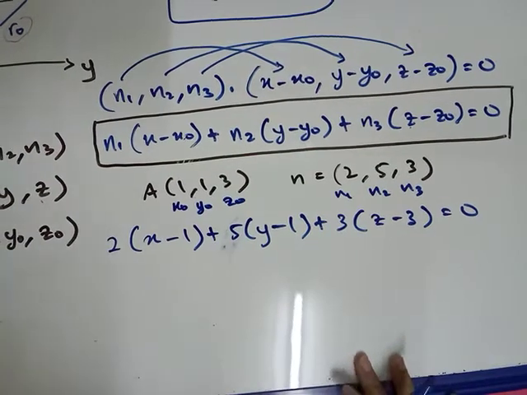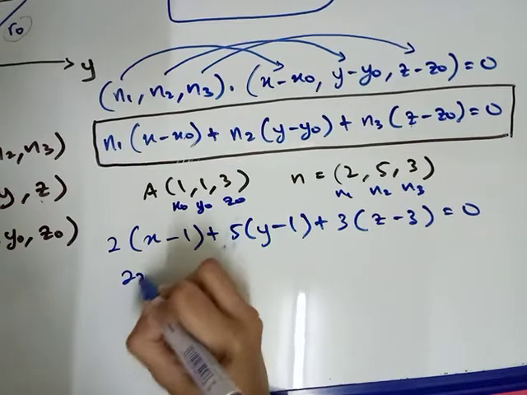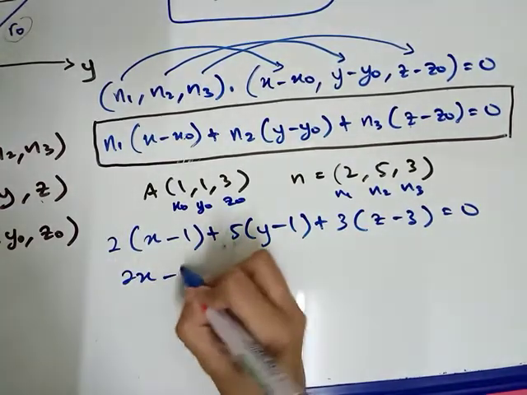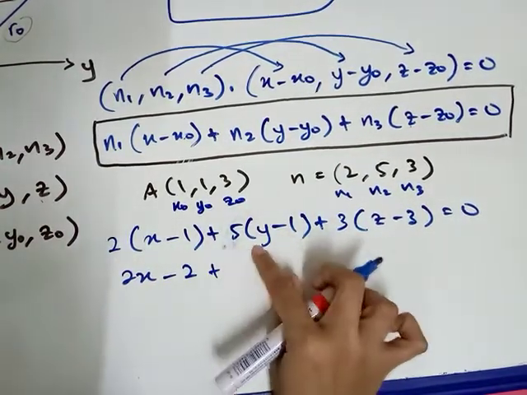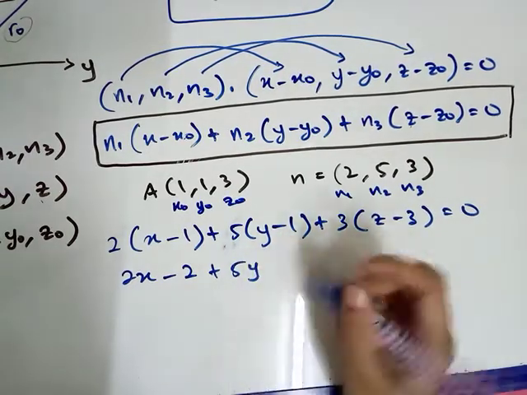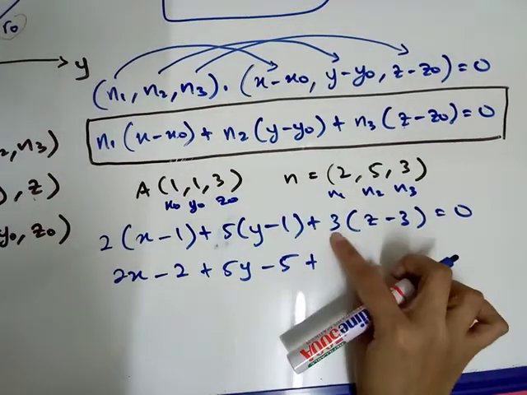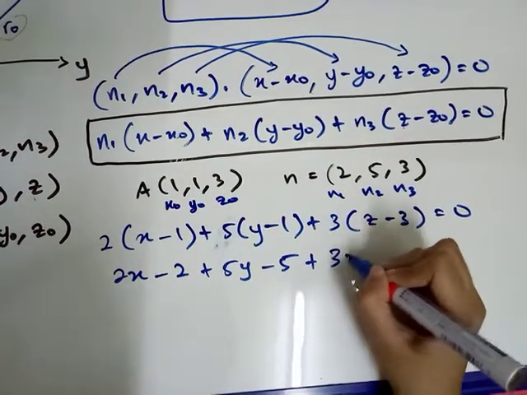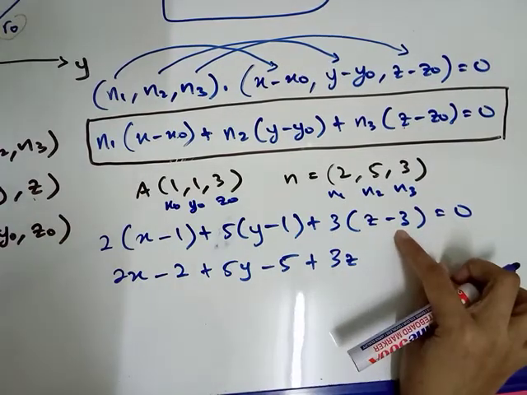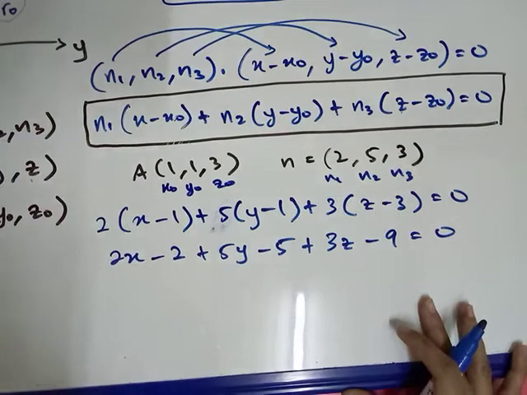Then expand it. 2 times x is 2x, 2 times 1 is negative 2, plus 5 times y is 5y, 5 times 1 is negative 5, plus 3 times z is 3z, 3 times negative 3 is negative 9, equal 0.